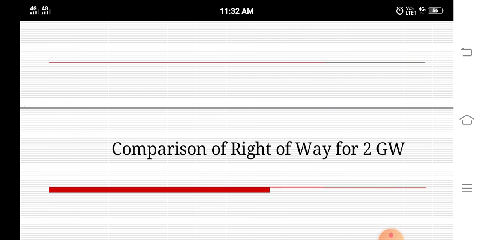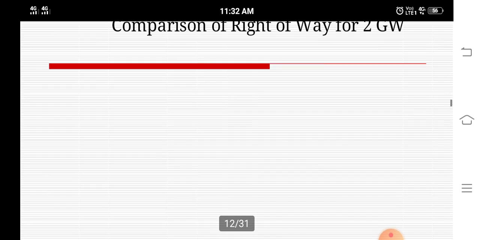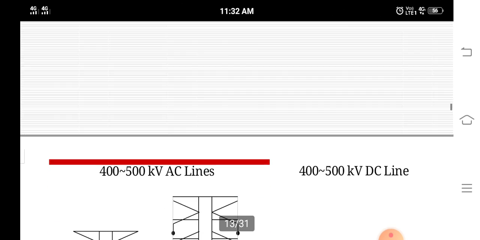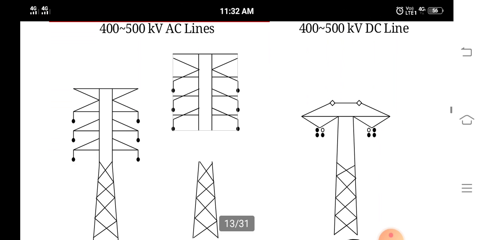Then this is one example of a comparison for 2 gigawatts. This is the transmission line picture. This picture shows the DC link, converter station, converter unit, converter transformer, filters, reactive power source, smoothing reactor, and DC switching.